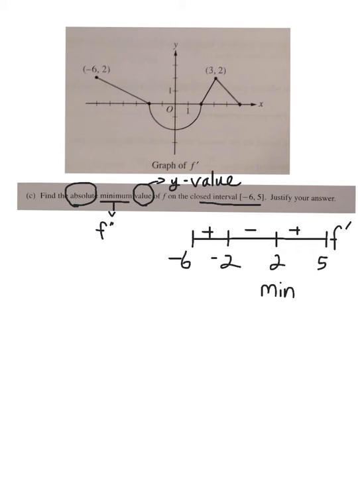X equals -2 is actually a maximum, so that won't be an answer for us. But that means then that x equals -6 is a minimum, right? And that would make x equals 5 a maximum.